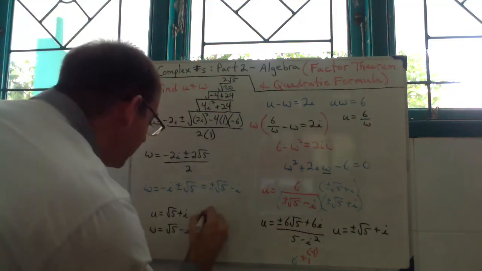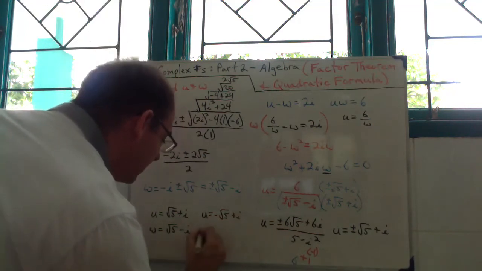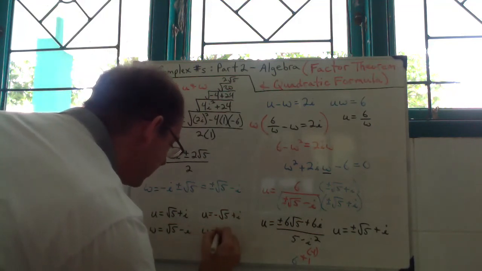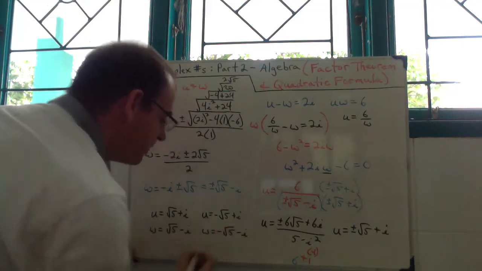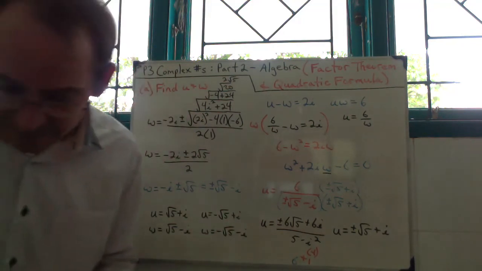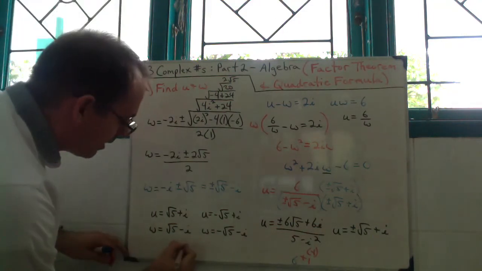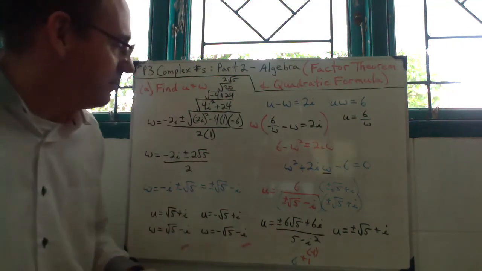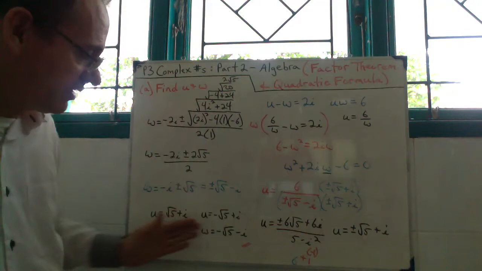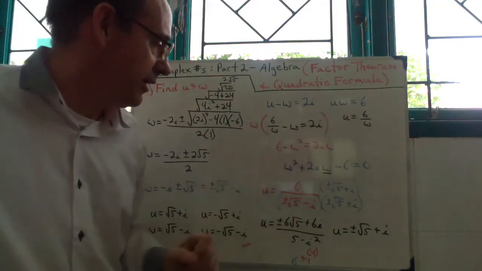And when u is the negative root 5 plus the i, the w is the negative root 5 minus the i. Okay, so that goes together there. And these then are the solutions for u and w, two sets of solutions that satisfy these two equations.